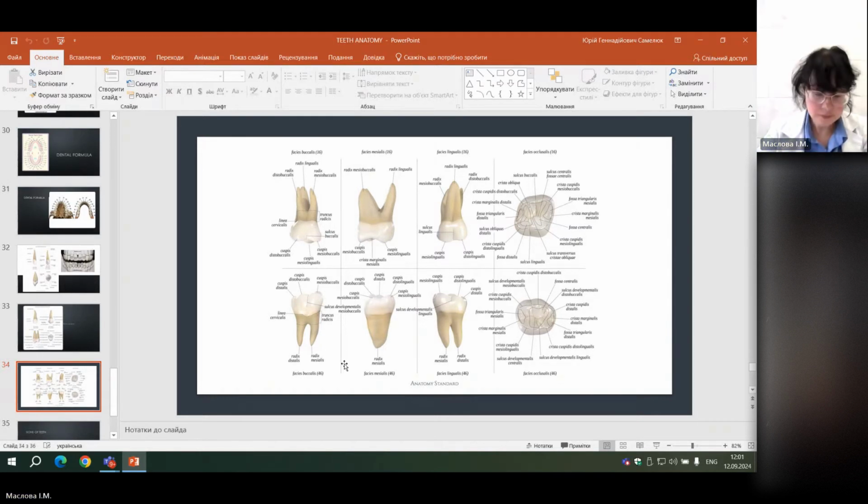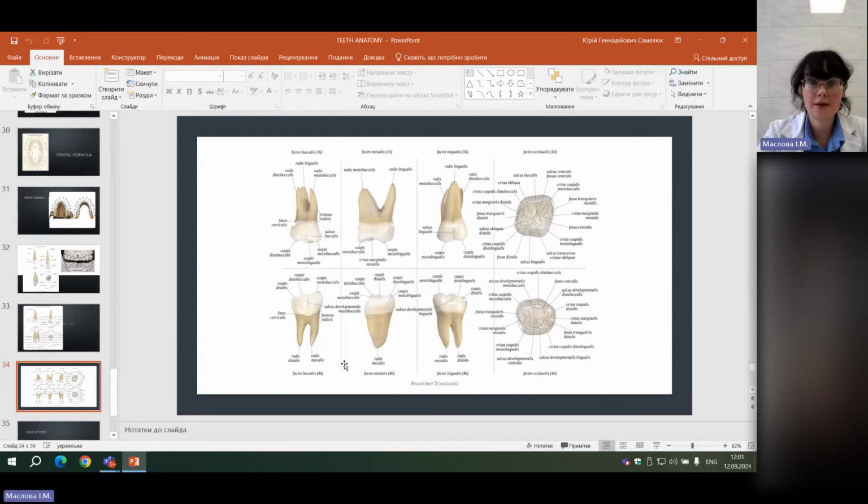There may be additional root canals, or a lateral root canal, but in 50% of cases you will find a quantity of root canals that is the same as the quantity of roots.